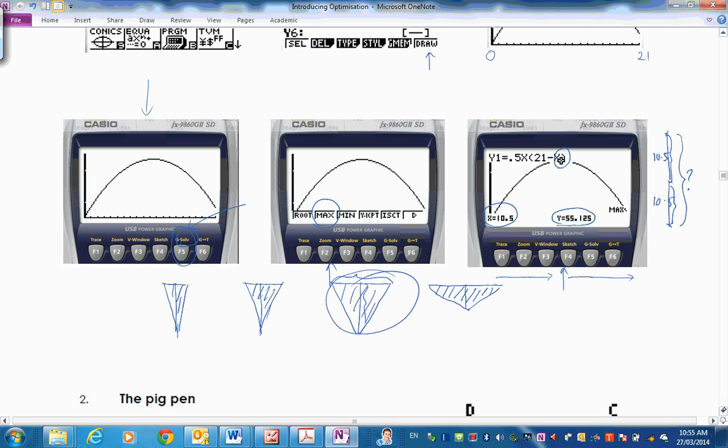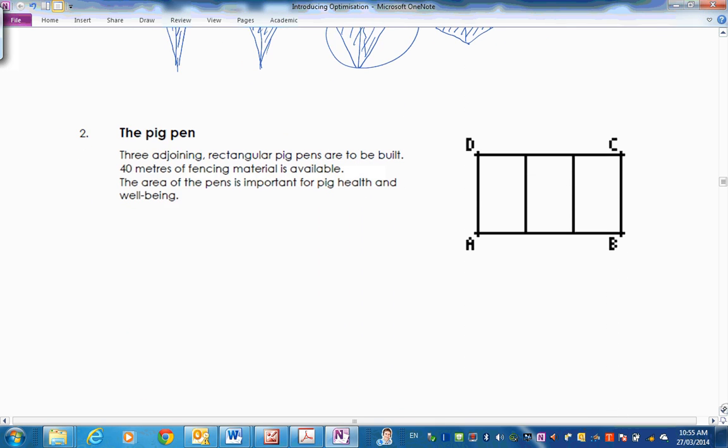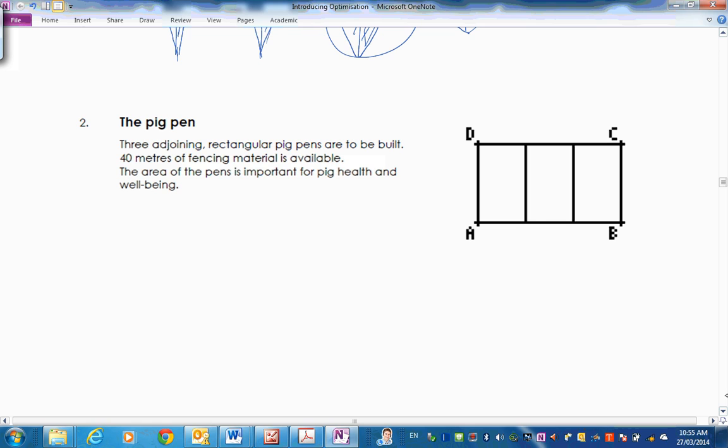Alright, these guys, Harradine and Lupton, have got some more problems for us, quite a few in actual fact. Here's the pigpen problem. Three rectangular pig pens are to be built. They're all the same size. 40 metres of fencing material is available. The area of the pens is important for pig health and well-being.